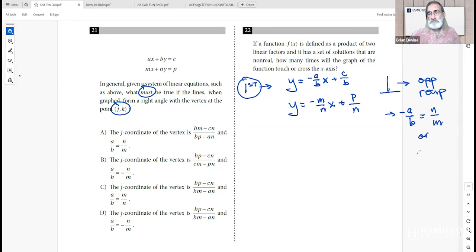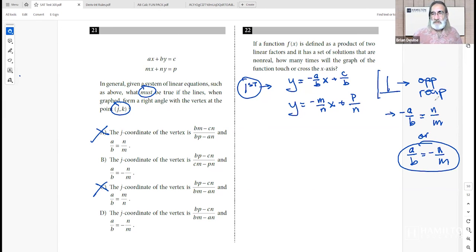I don't see that right away, but I do know that if I multiply both sides by negative 1, I'm going to get this. And right away, I know it's not going to be A, it's not going to be C. So I can eliminate two answers right away because this is a fact, must be true if they're perpendicular.